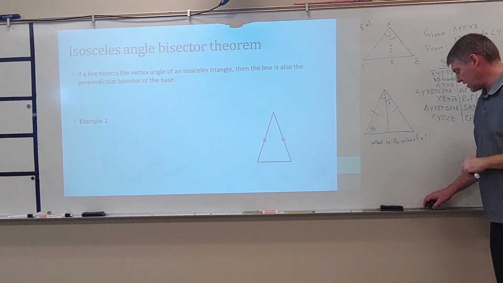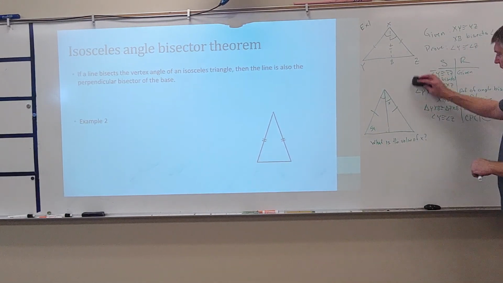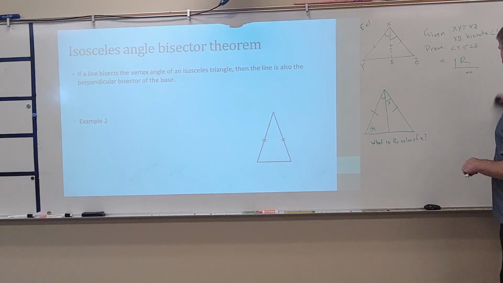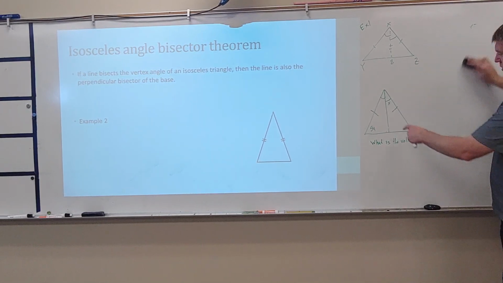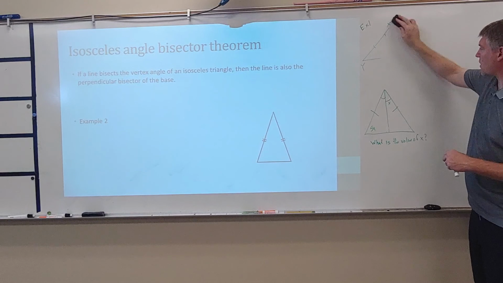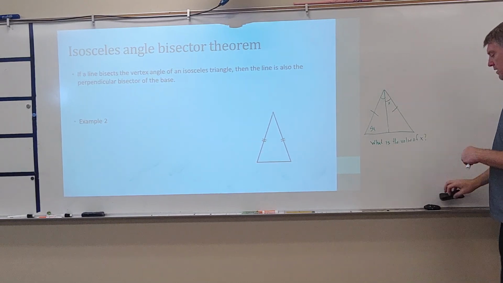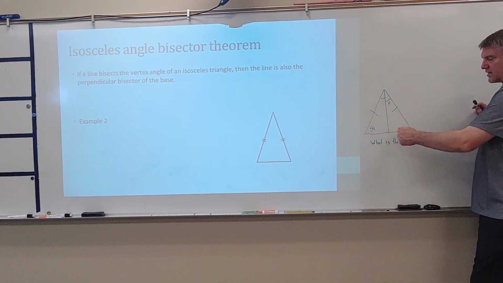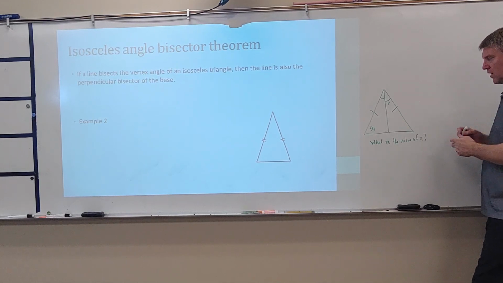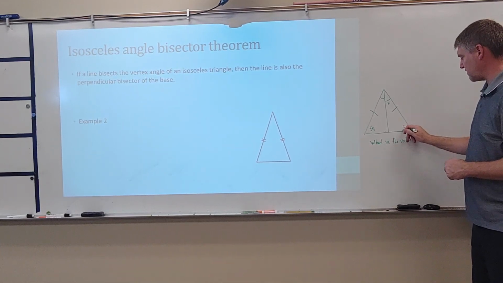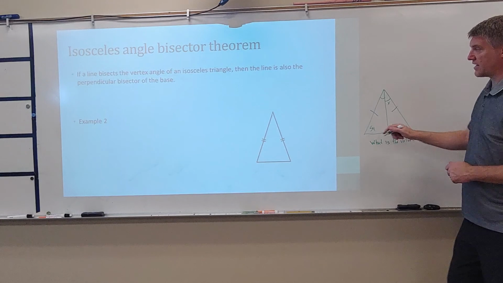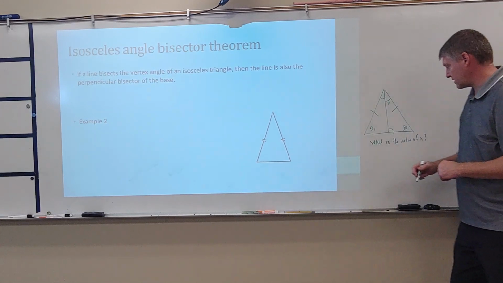Okay, so here's our example 2. So I have this item here where I have an isosceles triangle. Okay, I have an angle bisector and I have a degree here. Well, right away I know that this is 54. I know that this is 90 because it's the perpendicular bisector.